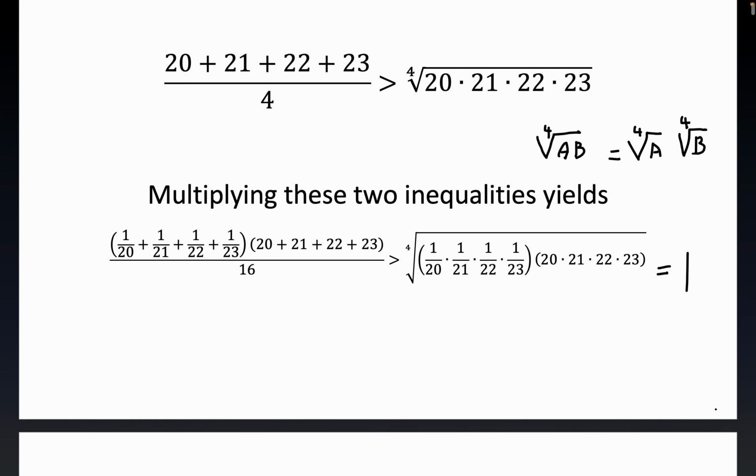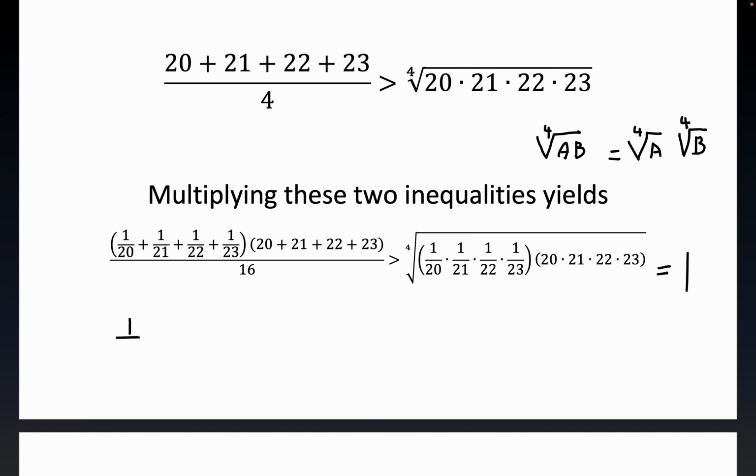Now, what we can see pretty quickly is that when you multiply through by 16, you're going to end up with this result, and I'll just write the result down, and I think you guys can all see it.